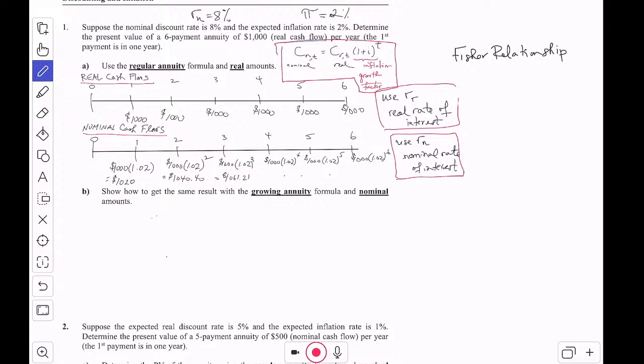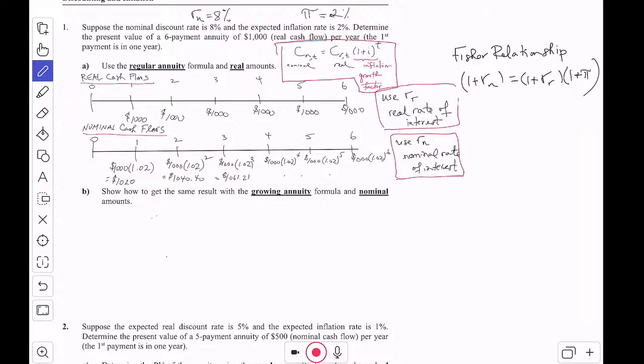The nominal rate that we work with, the nominal rate as a factor, is the real rate adjusted for inflation.